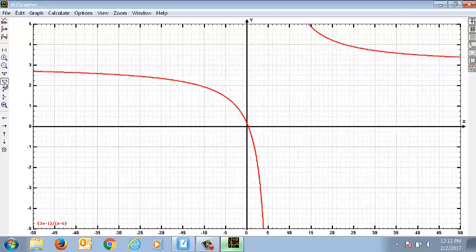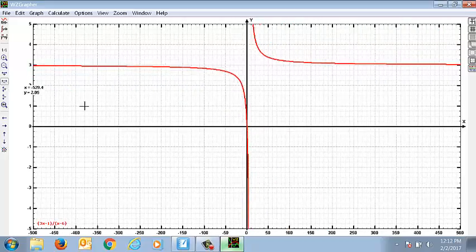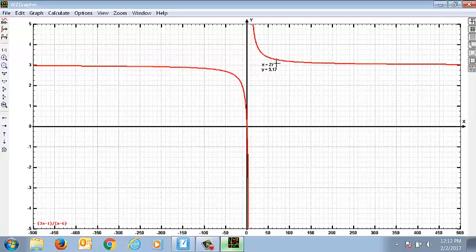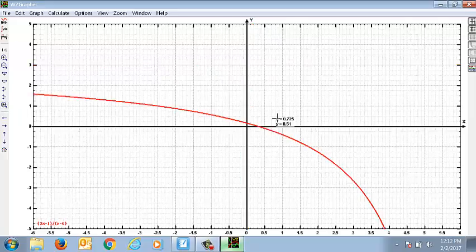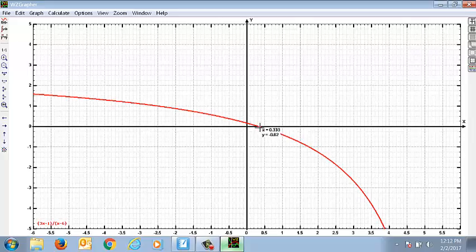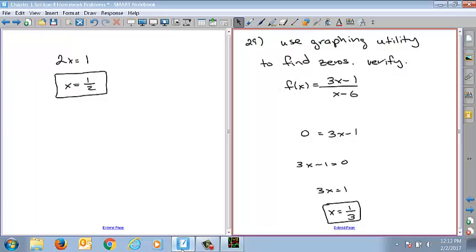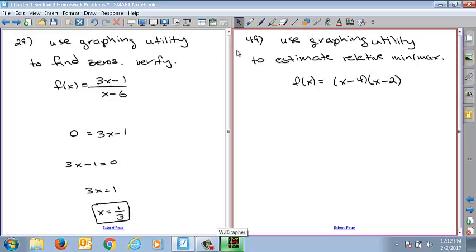There's more of the function. So you can see that it has a reciprocal behavior around the vertical asymptote, which was at x equals 6. But the x-intercept is right there, which says it's equal to 1/3, which is what we got. Okay.